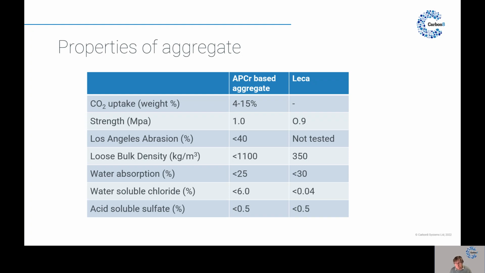But the aggregate is probably slightly denser than typical expanded clays, although they do vary from the 350 kilograms per cubic meter stated here up to 800 or 900. The water absorption is similar or less, and so they can be used in very similar applications and are tested to EN 13055, the standard for lightweight aggregate.